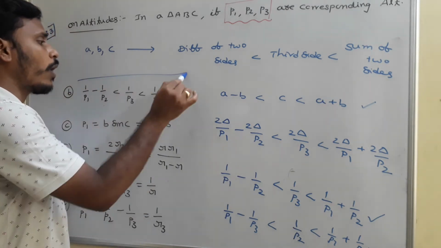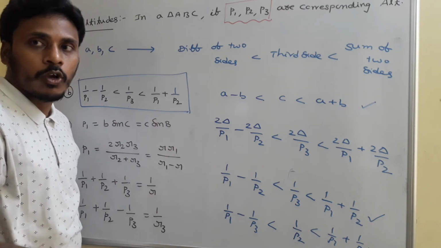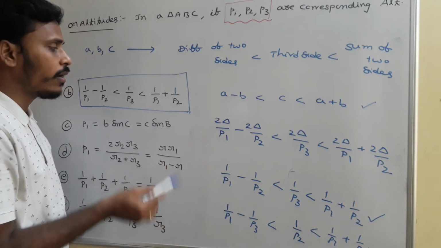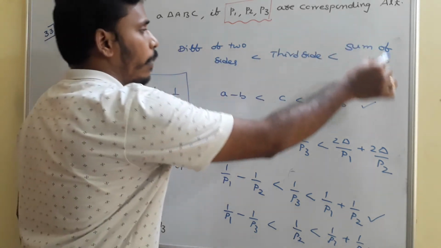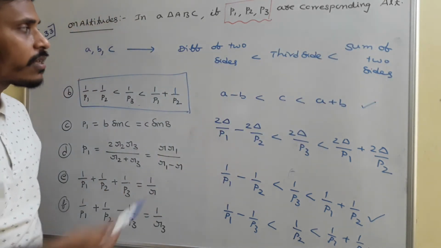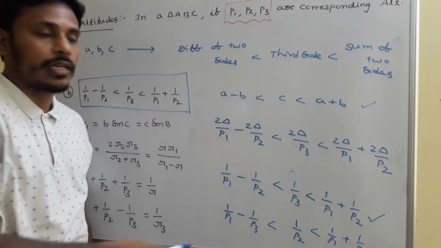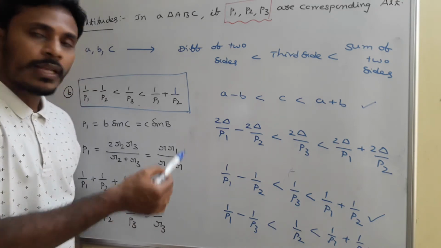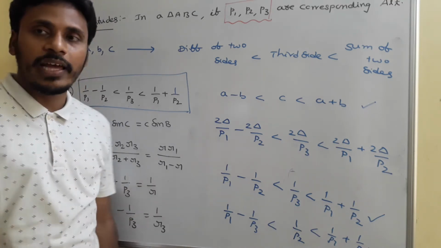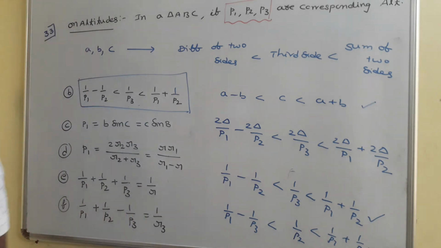Just we are proving for one, then the same thing is acceptable for the remaining two also. To prove the inequality in the B bit, we are using this help: if there are three sides, the difference of two sides is less than the third side, which is less than the sum of two sides. Just have a look, take a screenshot, and then I will move to the third one.